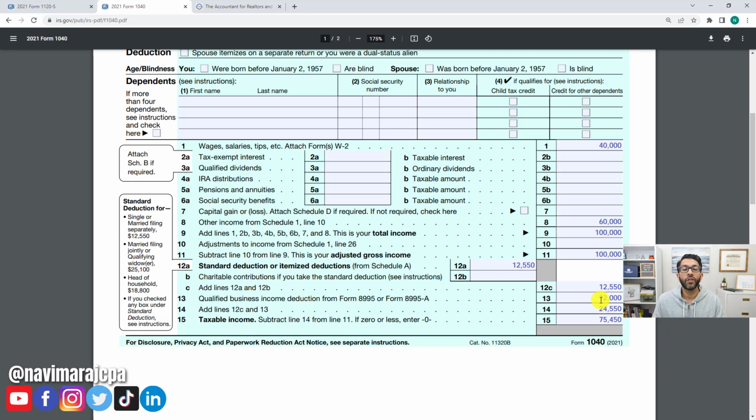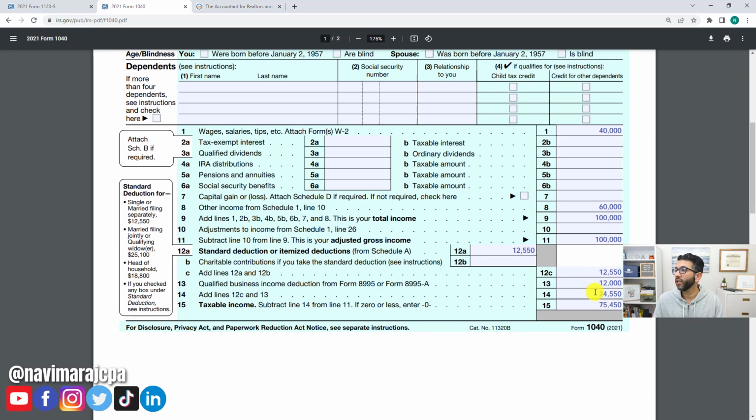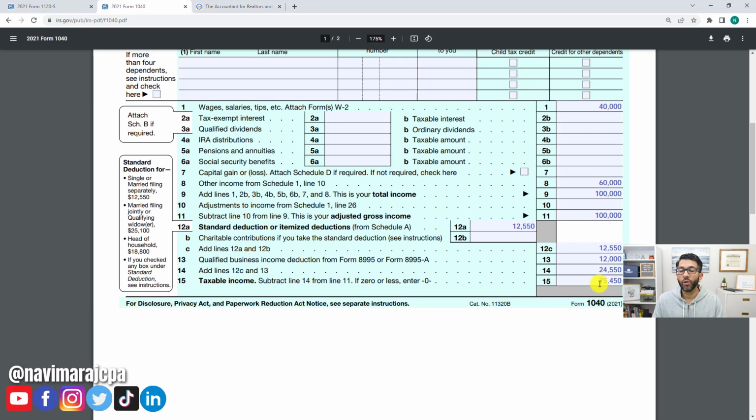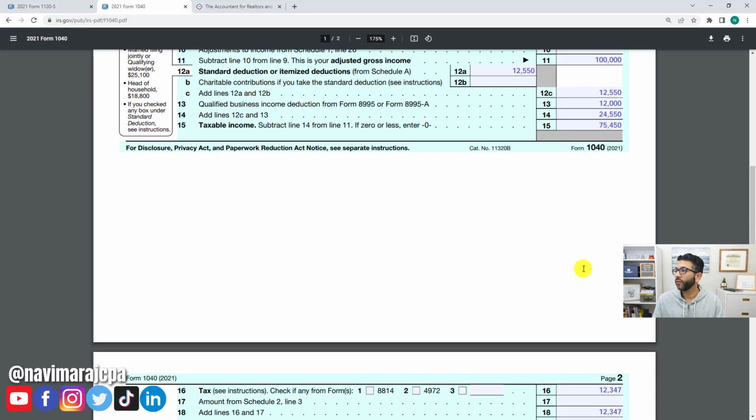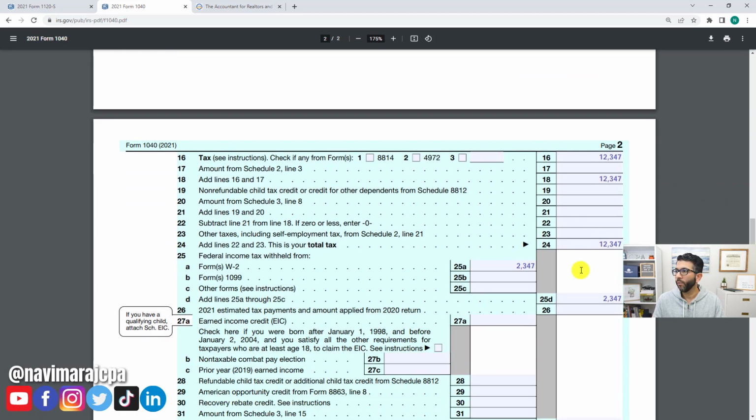And so that's another deduction that you get to take. And so when you add the standard deduction plus the qualified business income deduction, you get $24,550. So we went from 100,000 of income, we took out the standard deduction, we took out the qualified business income deduction, and now we have taxable income of $75,450. All right? Scroll down a little bit more.